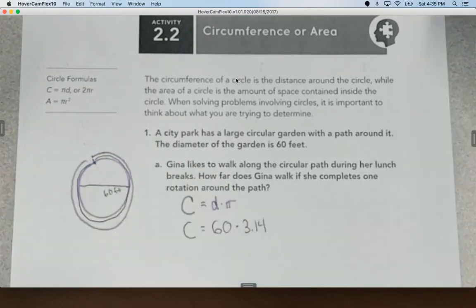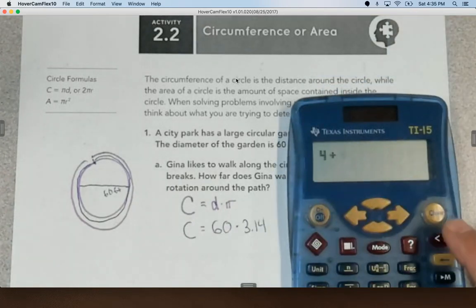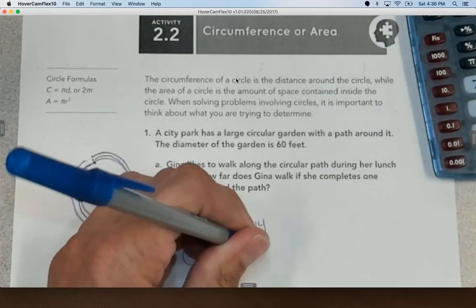And I'm a broken record, but as you are showing these, you should be showing your work for what you are typing in to get these answers. Write down the formulas each time. And this would be 188 and 4/10 feet that Gina would be walking. Okay.